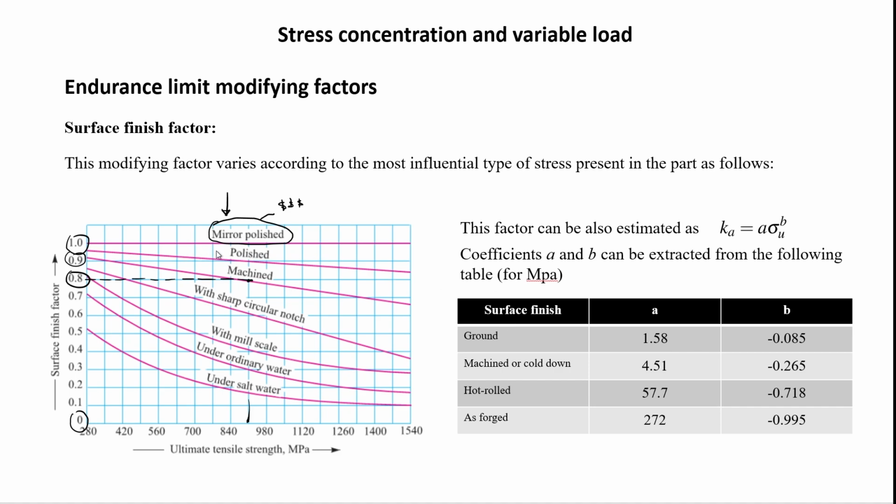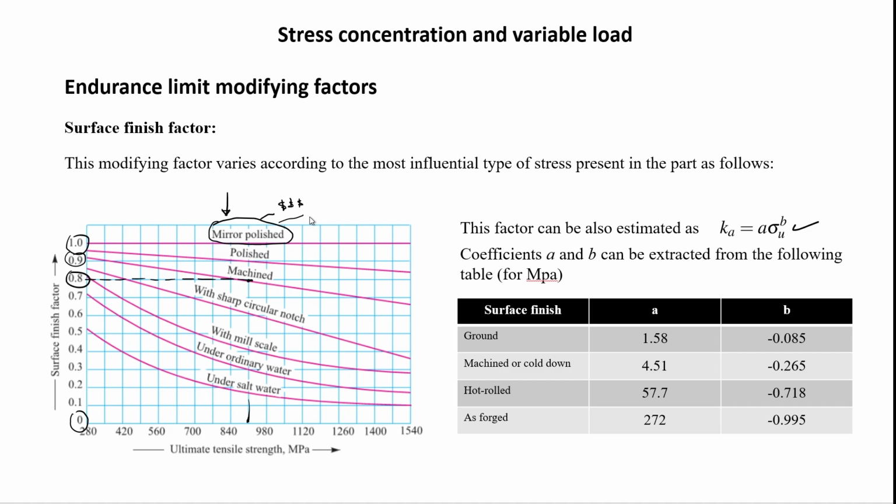You don't need to know exactly or have these curves, but there is a good approximation for the surface finish factor that depends on certain coefficients, which depend on the type of finish and the ultimate strength of the material. Now, this is very important. Why is the surface finish factor important for fatigue design? Well, when you have a mirror polished surface, you're practically polishing away most of the imperfections of the surface, meaning there are not these small points of imperfection where micro cracks can start.